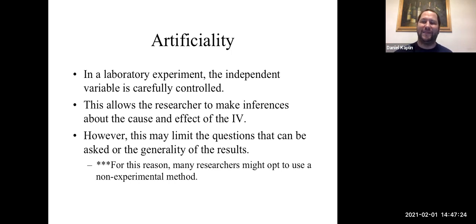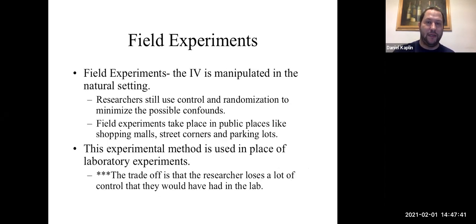There's a sense of staleness or artificiality, and because you have such airtight control, that doesn't mirror everyday conditions. So if a person was trying to mirror real life, they may not do a lab experiment.